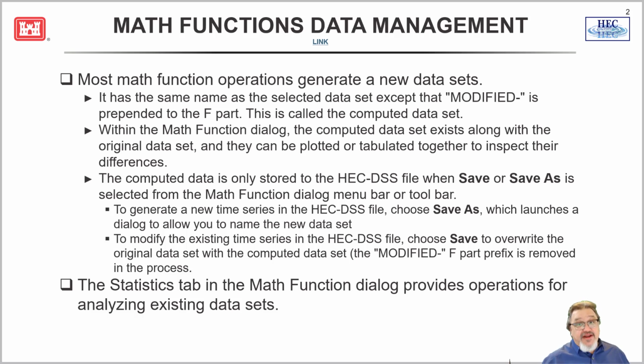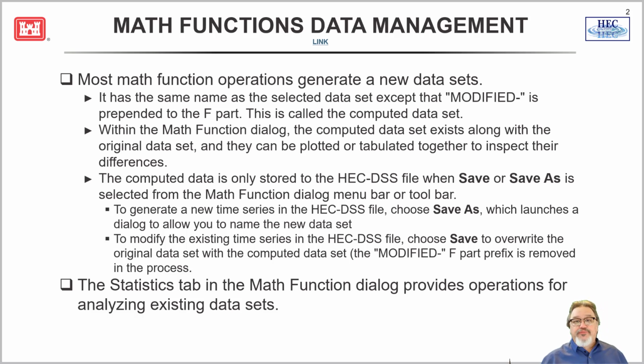If, however, that's not the name we want, we can select save as, and that will bring up a dialog where we can name all the nameable parts. We can't rename the interval or anything like that. But we can rename the parts that are renameable and then save it as that path name.